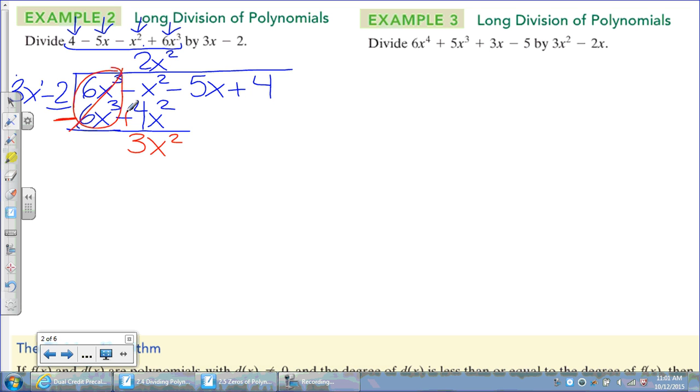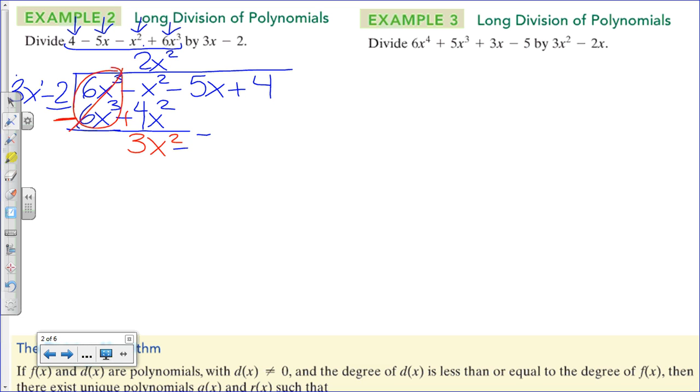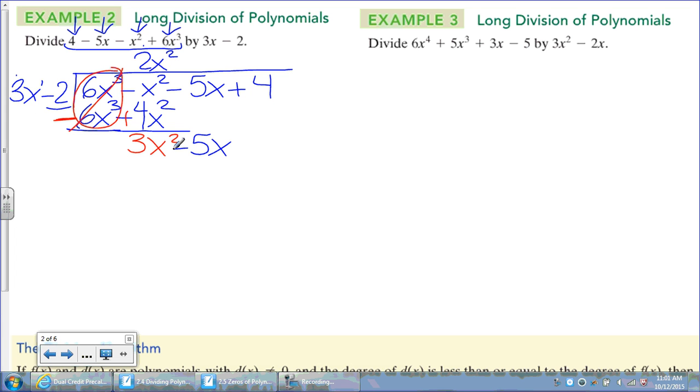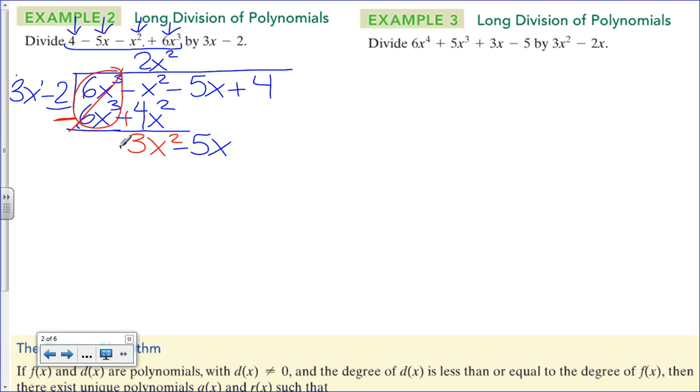Are we okay with that step? All right. What is the next step, Kitty? Bring down the negative 5x. Good. All right. And now, Rebecca, what is the next step? I'm sorry, I can't hear you. So now we consider this one our dividend, correct? So we need to divide something by something.